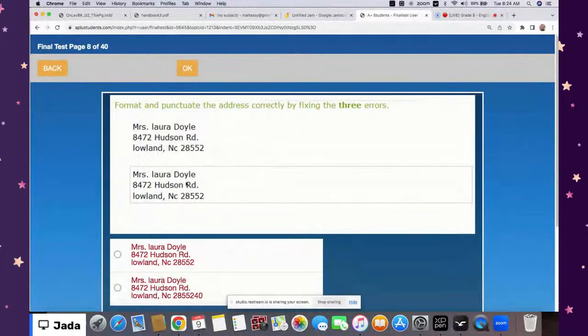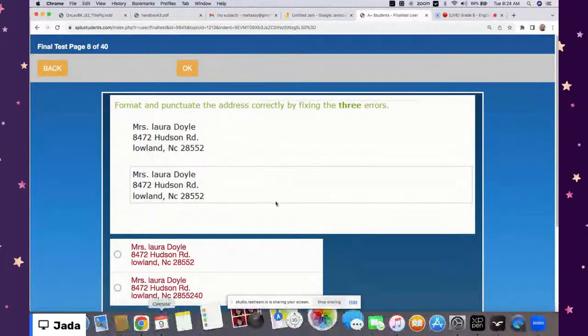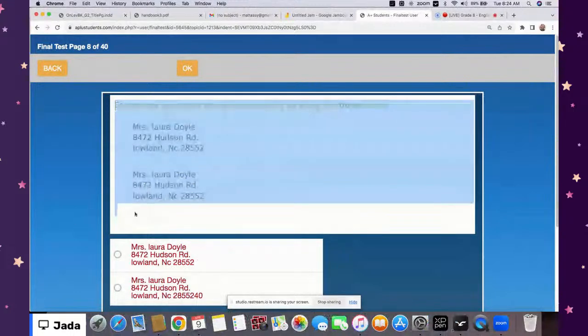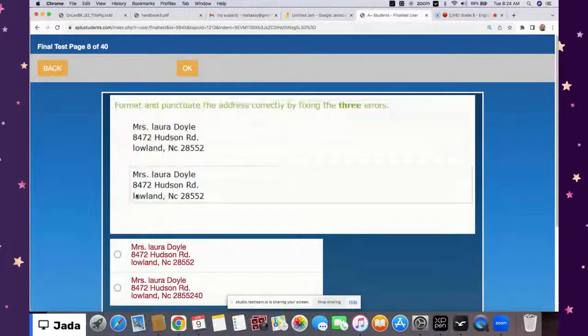Then Lowland shouldn't be in small letters. You need to capitalize the city name.